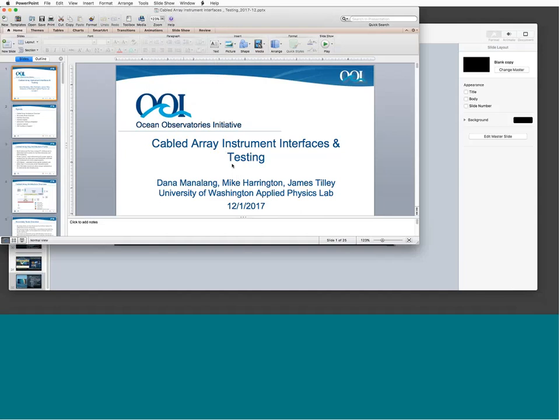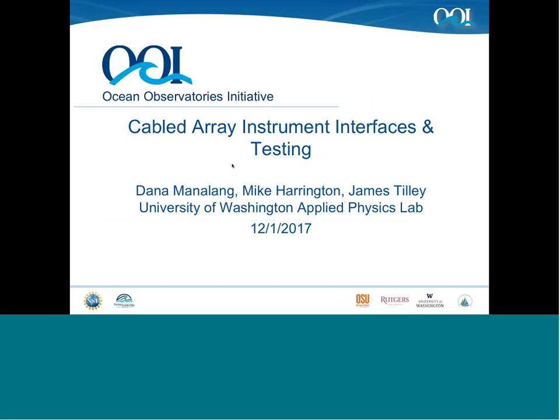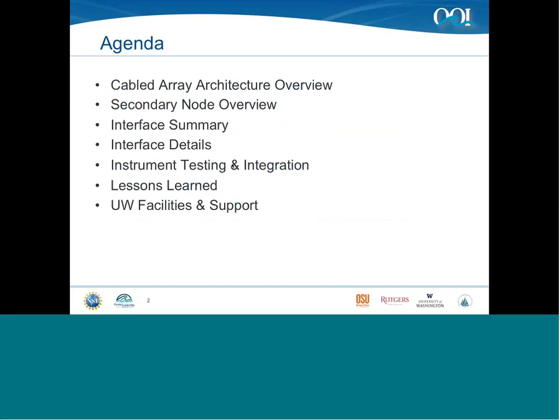Next slide. So now we're going to take a deep dive into infrastructure. The pictures aren't as pretty, but hopefully a little bit of information in them. I'll go over the general architecture, what the secondary nodes are, what they look like, and how to interface to them, in addition to the details of the voltages and communications that they support.